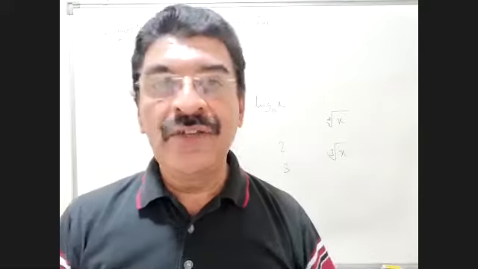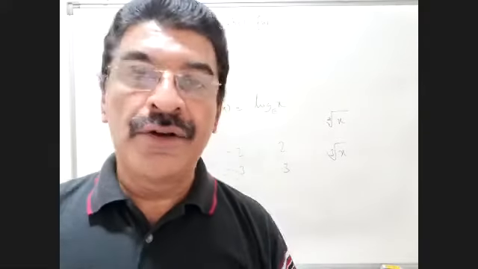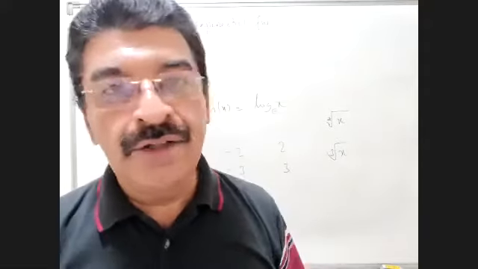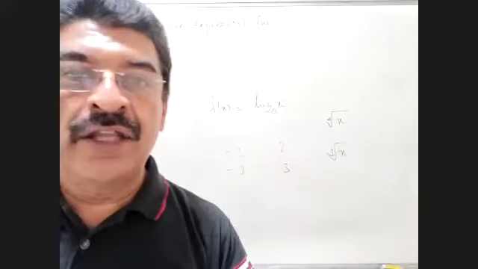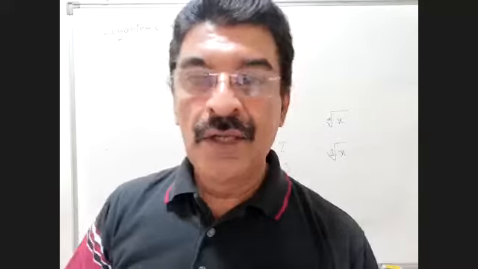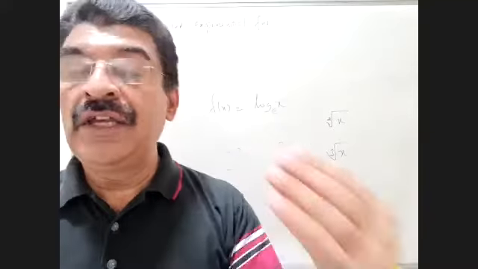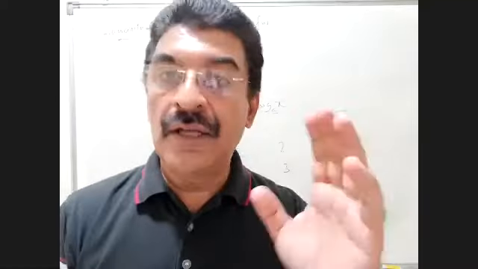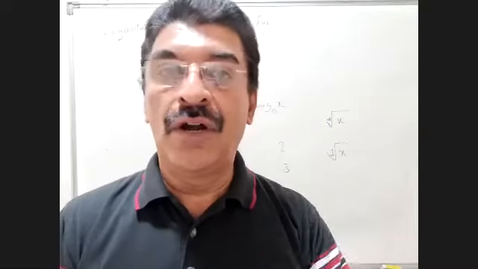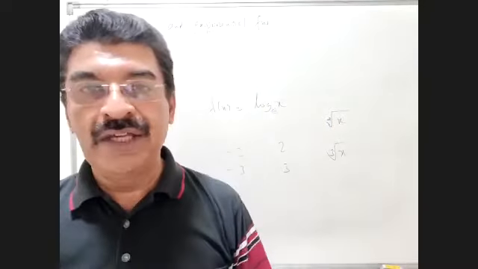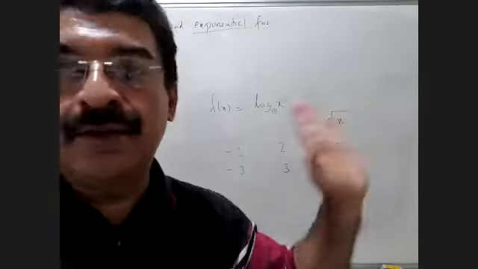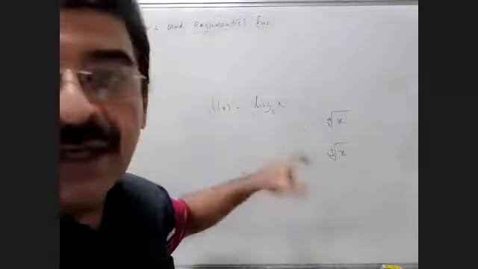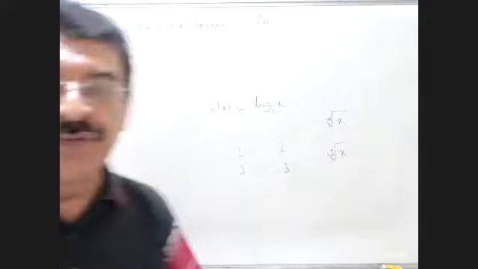If the base is e, generally we don't write e. Even if you write it, it is not wrong. So whenever we see a logarithm without a base, the base is already e. And the value of e we also discussed. Now, next one.